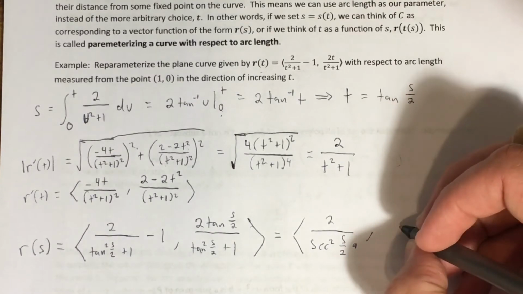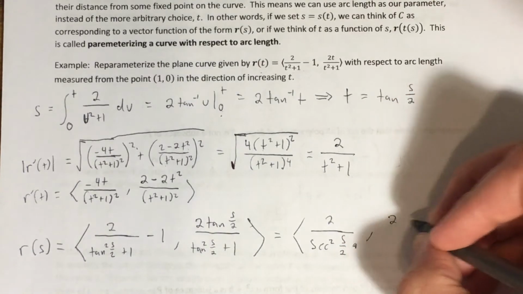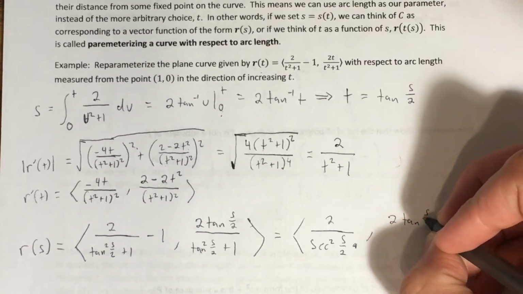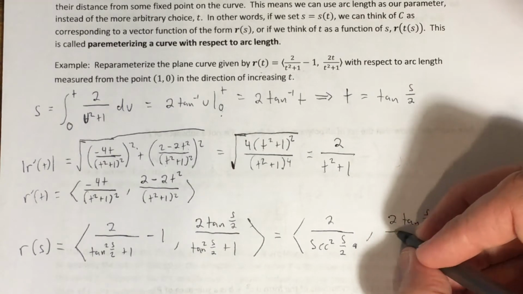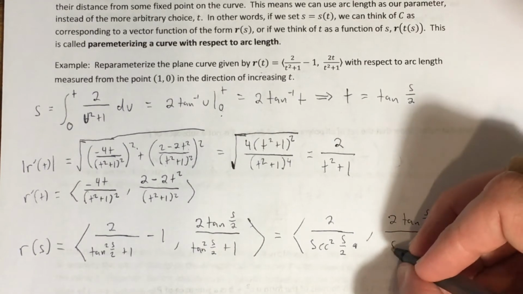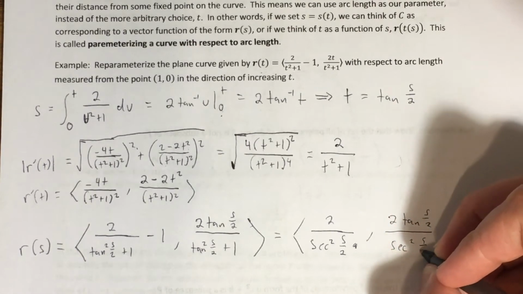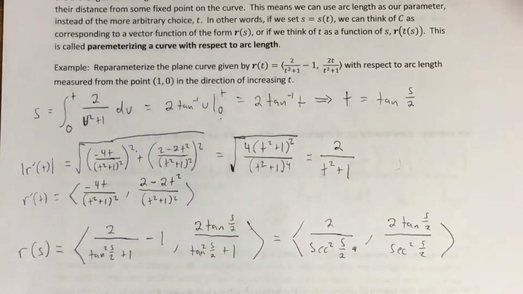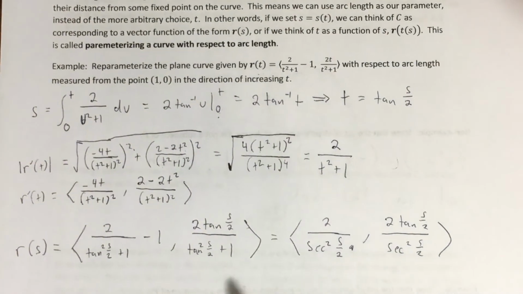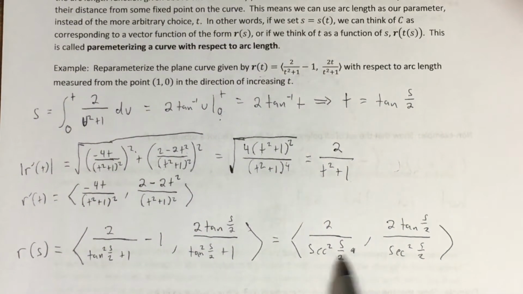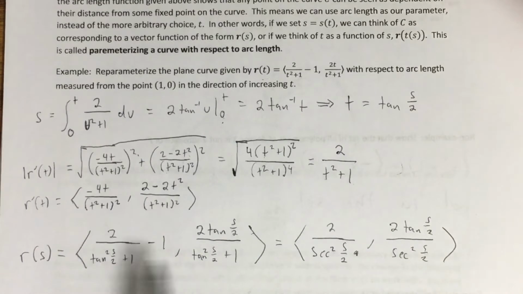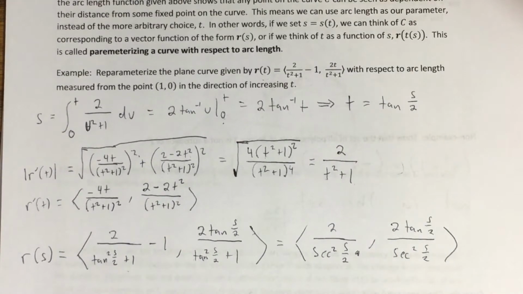And then I could write this as just 2 tangent of s over 2 over secant squared of s over 2. Okay, now it's fine to leave it in this form. I could just leave it in as is. I could have even left it like this if I wanted to, and we're essentially good.